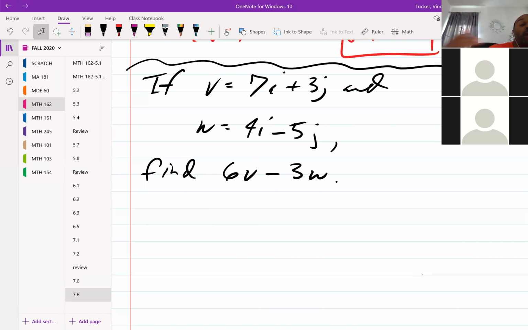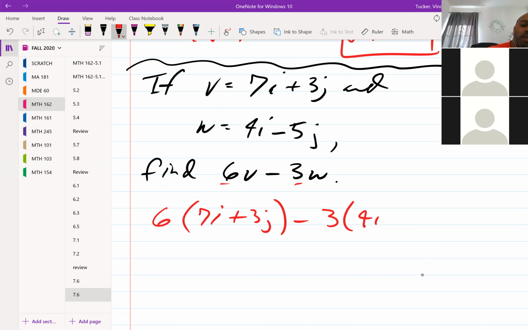Whenever we want to add or subtract them, or even multiply them with these scalars, 6 and 3 are considered scalars, just another word for regular numbers, you would do it the same way you would in algebra. You distribute 6 into your vector v, and then distribute -3 into vector w, then combine your like terms. So 6 times 7i plus 3j minus 3 times 4i minus 5j.